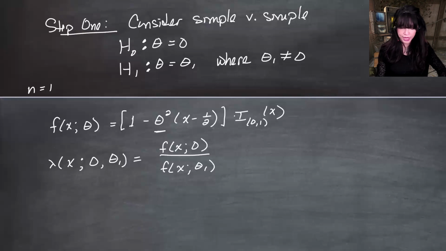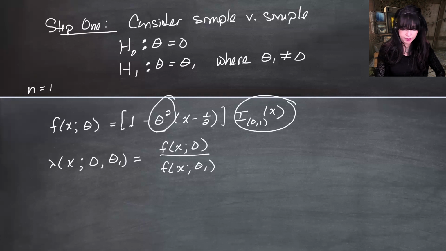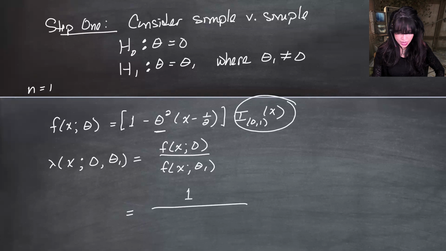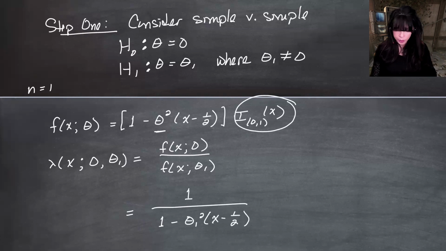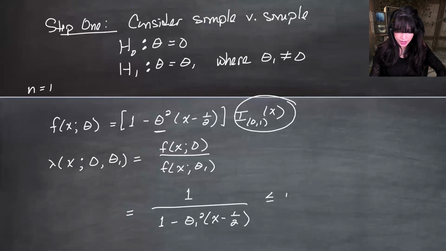Now in this ratio, we have this indicator in both the top and bottom, so that's going to cancel. For the numerator, if I plug in 0 here, I'm just left with 1. So this is going to be 1 divided by 1 minus theta 1 squared times (x minus 1/2). Now we want to set this less than or equal to k.